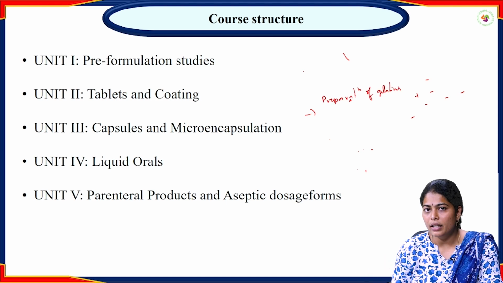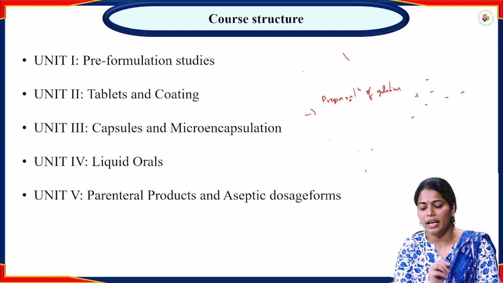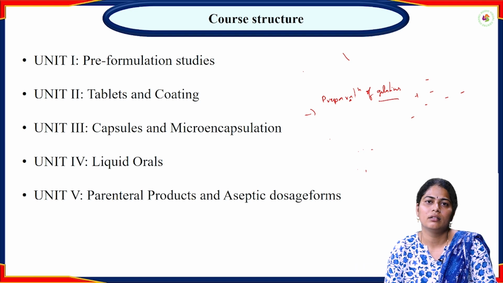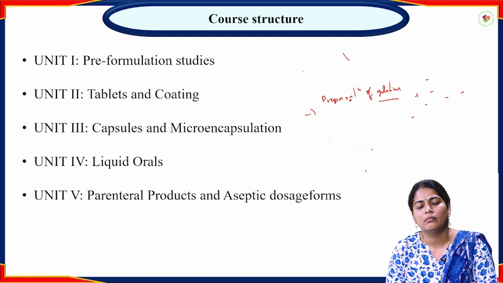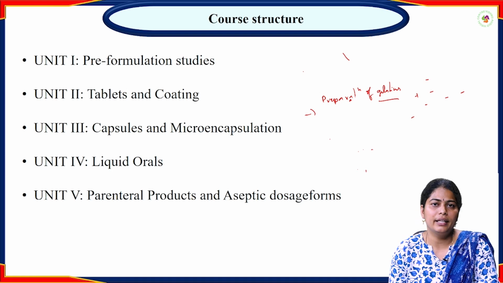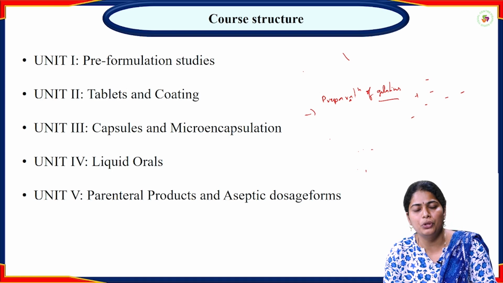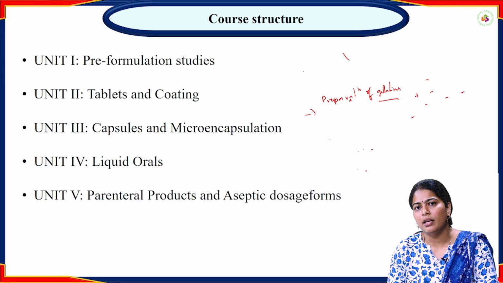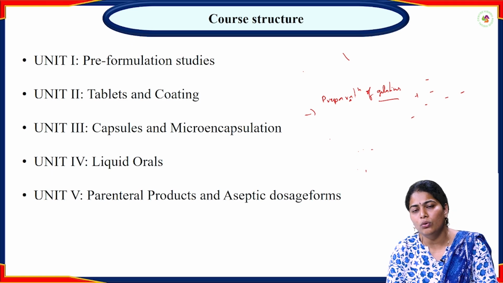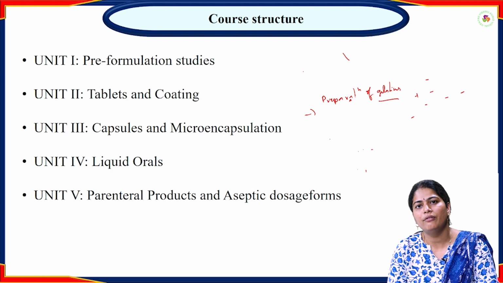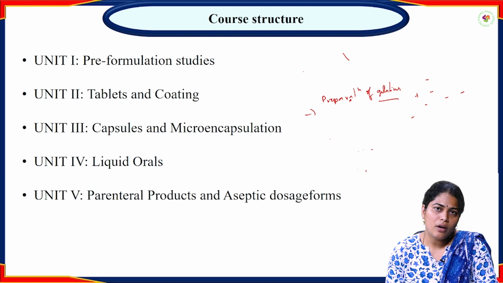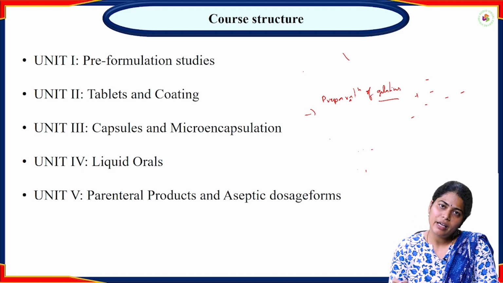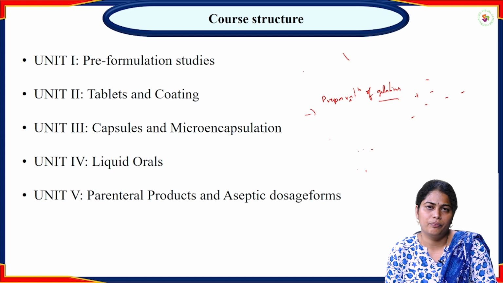How the gelatin was prepared, the outermost shell of the capsule which is prepared from gelatin, what are the sources, and then from the gelatin, how we will manufacture capsules. So here two methods are there. For hard gelatin capsules, initially we need to prepare a shell, then we'll fill the drug. For soft gelatin capsules, directly while preparing only, we'll fill the drug.